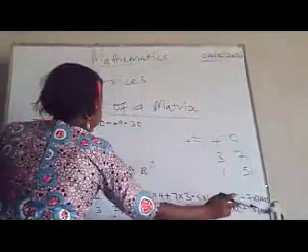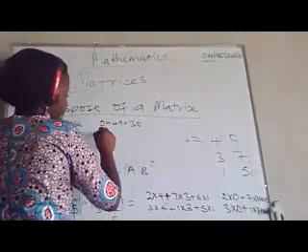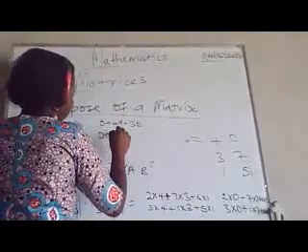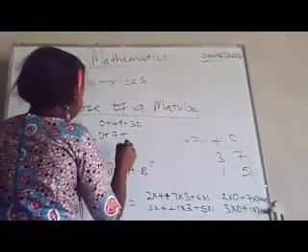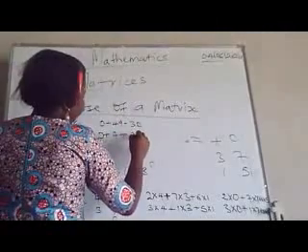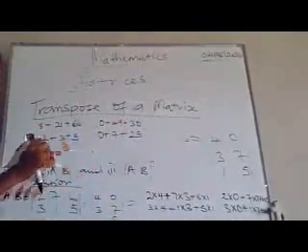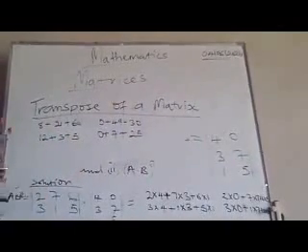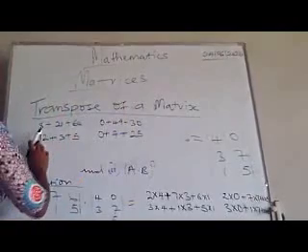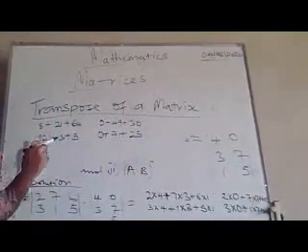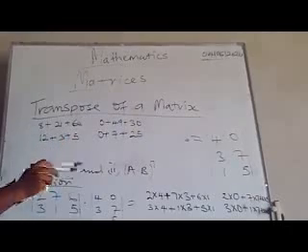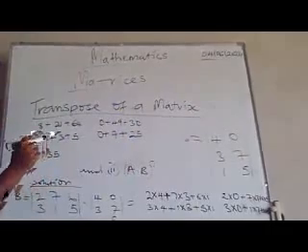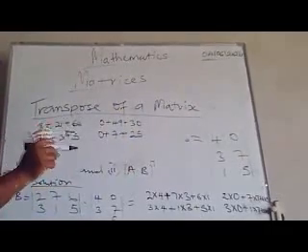We move to the second part. 3 times 0, 0, plus 1 times 7, 7, plus 5 times 5, that is 25. So let us add up all the numbers. 8 plus 21 is what? 29, plus 6, 35. So the first number on the first row is 35.